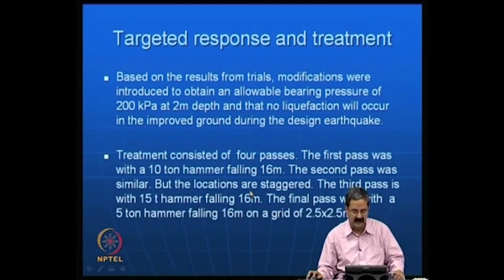The third pass was with a 15-ton hammer falling 16 meters. The weight is a little higher, 15 tons, while in the previous case it was 10 tons. And finally the last one was made with a 5-ton hammer falling 16 meters on a grid of 2.5 by 2.5.